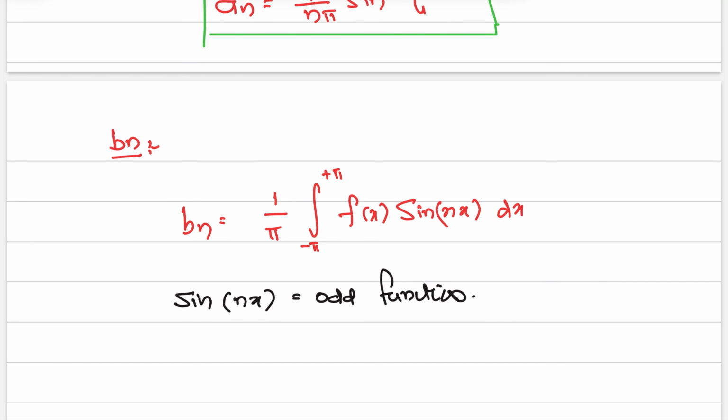When it is an odd function, and function x is even when it is equal to 1 and 0.